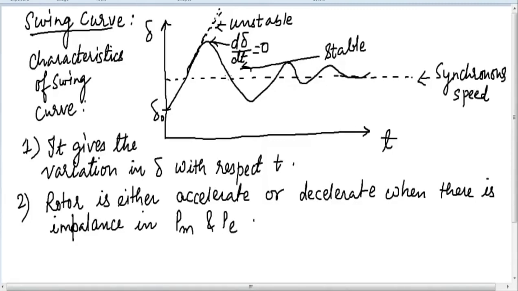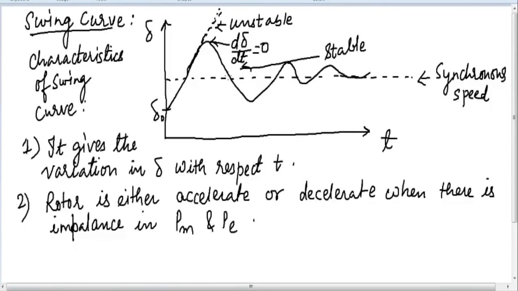The swing equation we have already learned in EPS 2 of 7th semester, and with the help of this swing equation we have come to the swing curve. What does the swing curve denote? It denotes whether our system will become stable or unstable.